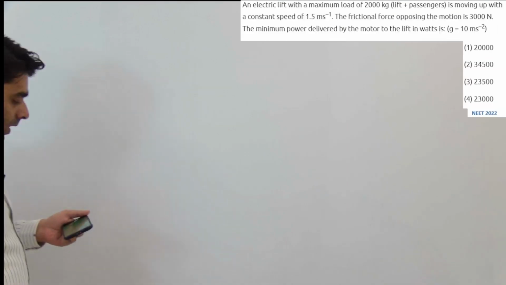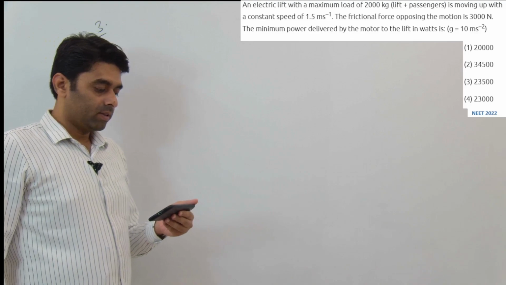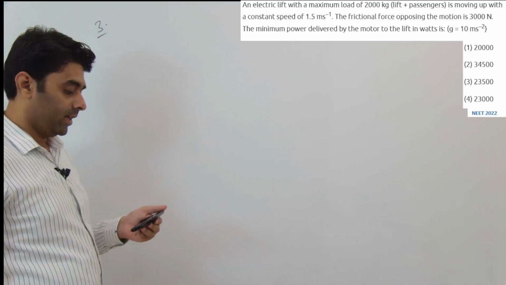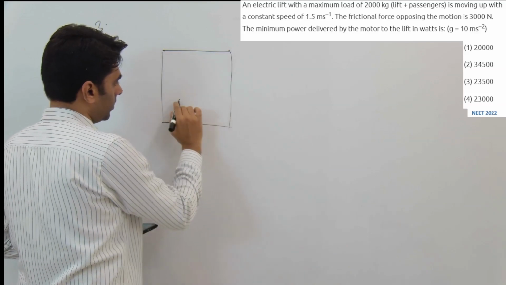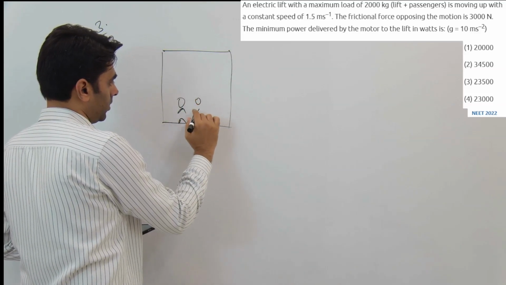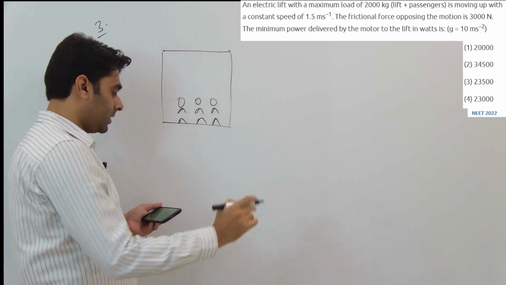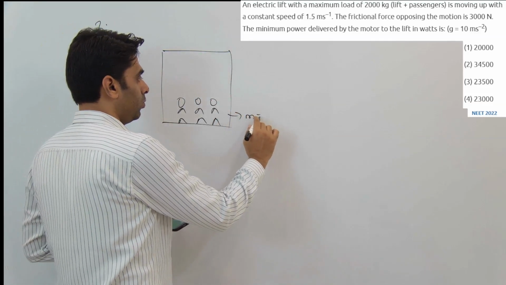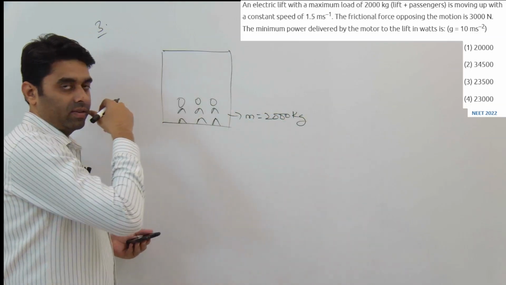So the third question that we have says an electric lift with a maximum load of 2000 kg, lift plus passengers. So the total mass is given to us as 2000 kg. This is the maximum capacity for passengers plus lift.